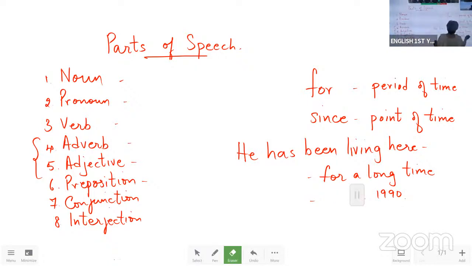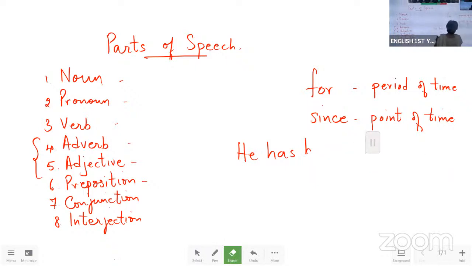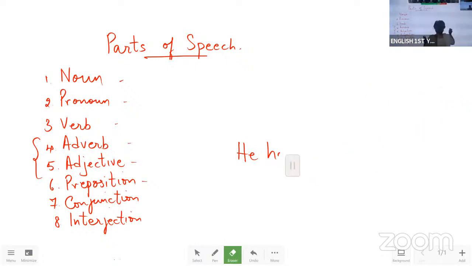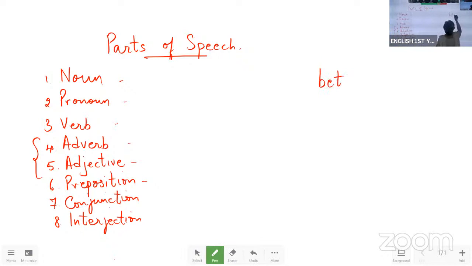This is one example. The other is between and among. When is between used and when is among used? Between is for two people or two things, while among is more than two.